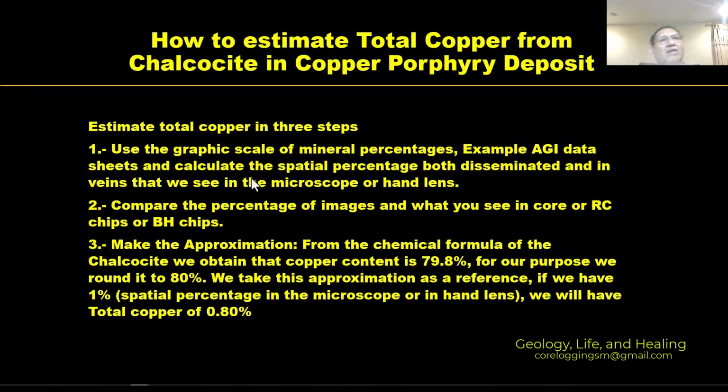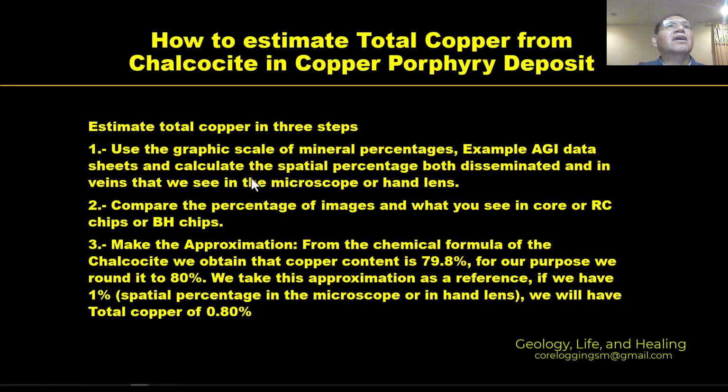So how to make the estimate of total copper in 3 steps. One, you need to use a chart. In this case, I'm going to use the AGI data sheets to calculate the spatial percentage of disseminated and veinlets, the same as you can do with a microscope or hand lens.